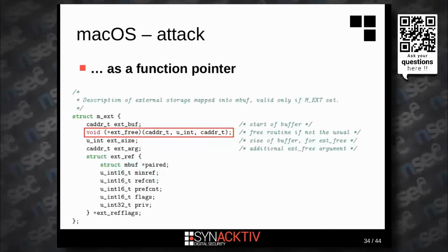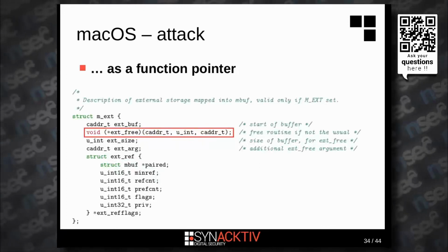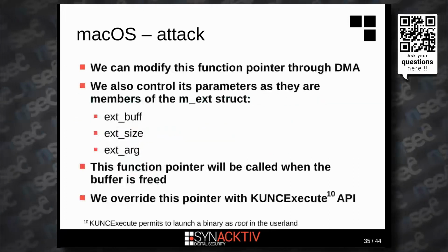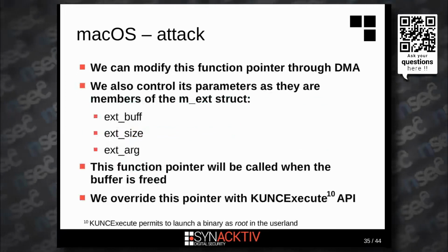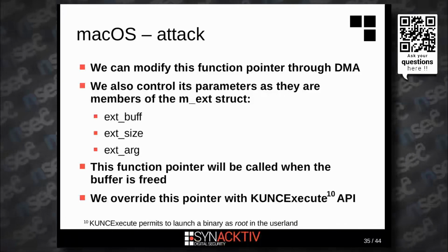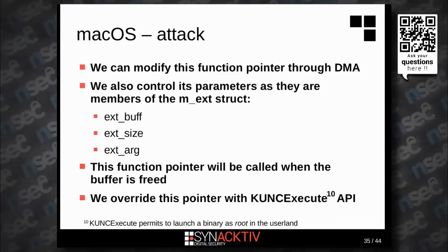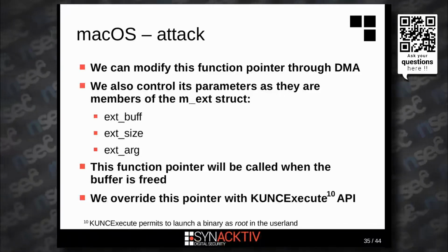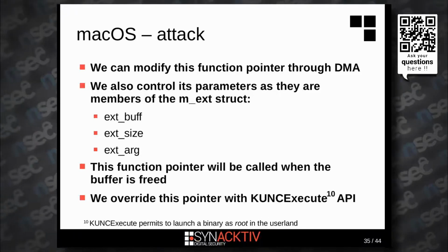So you should now normally see what the problem is. Because we have DMA access, we can modify this function pointer through DMA and also control its parameters. They are also members of the m_ext structure, so we have complete access to this structure.